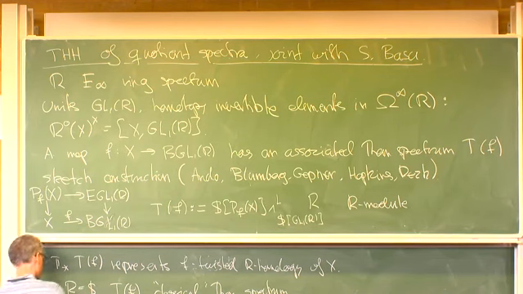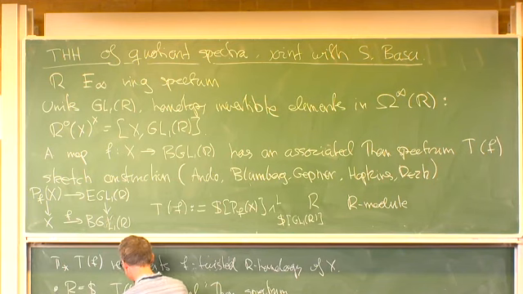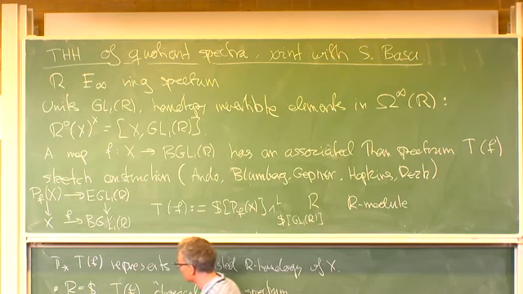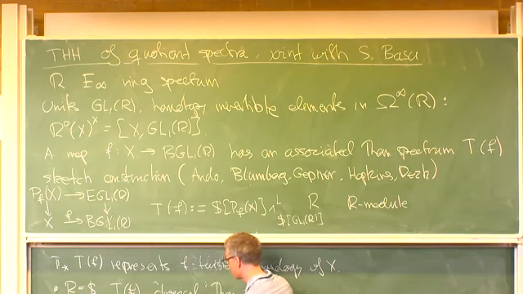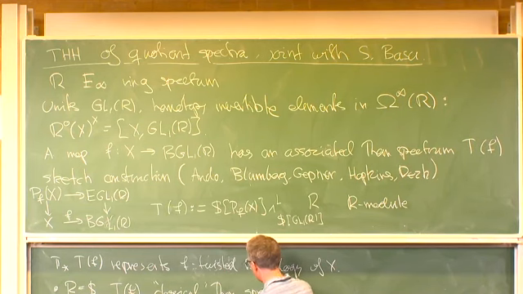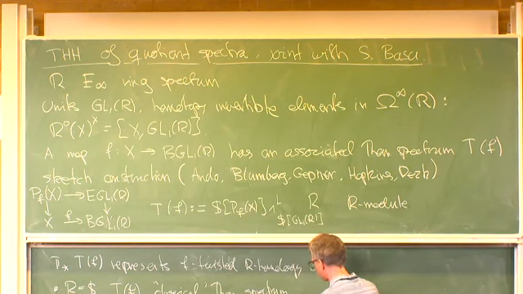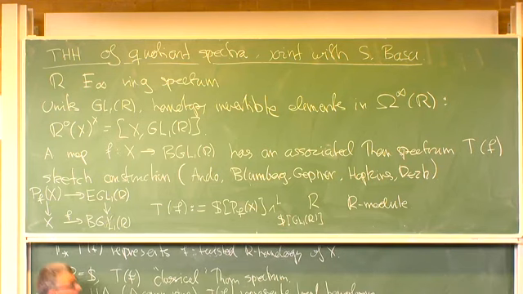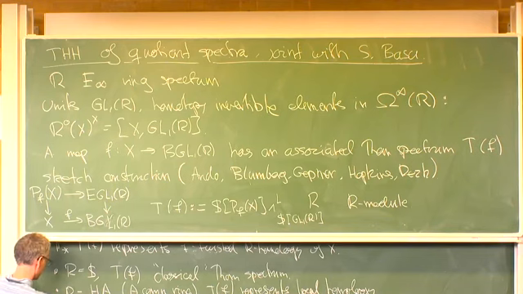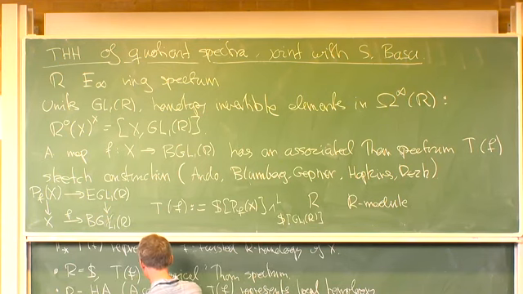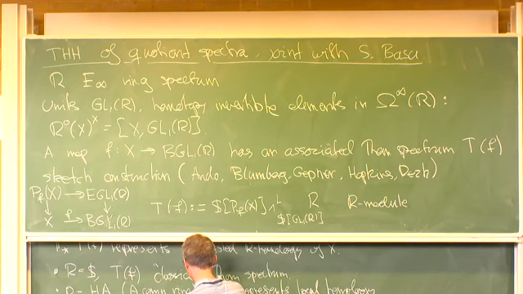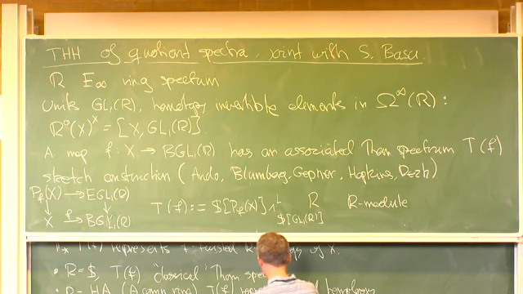Another example is when we take R to be the Eilenberg-MacLane spectrum HA, where A is a commutative ring. In this case, BGL1 of R is simply the classifying space of units of A, and we can think of this as representing homology with local coefficients in A. Let me give one more example which has been studied: the complex K-theory spectrum, where the Thom spectrum represents what is called twisted K-theory.